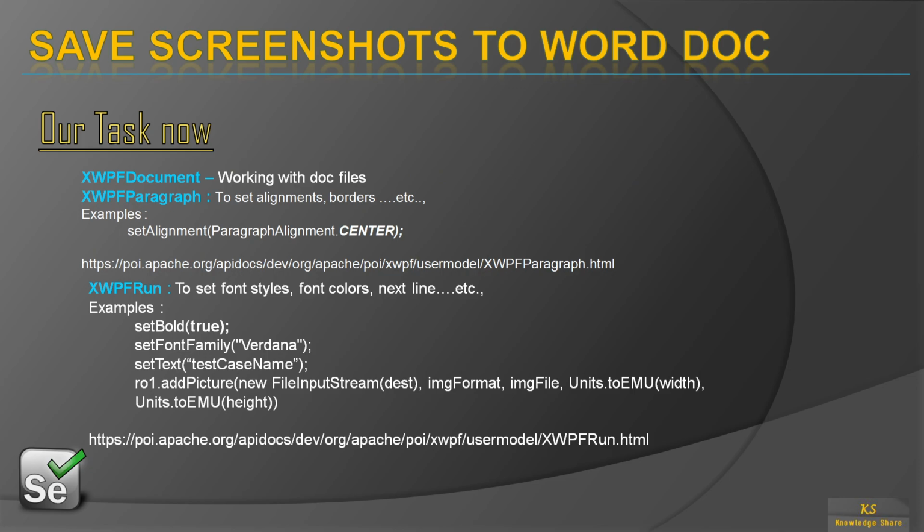Remember the classes highlighted in blue: XWPFDocument, XWPFParagraph, and XWPFRun. These are the core classes we use for this program; they hold the document and the paragraphs, and let you set the alignments, font and text, everything you need, just as you normally write a Word document.